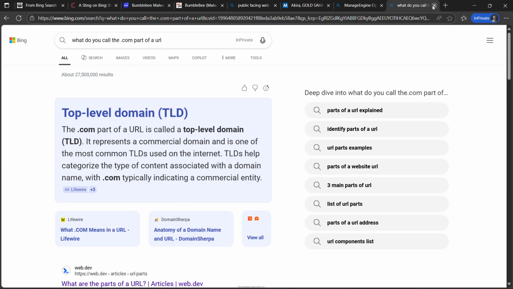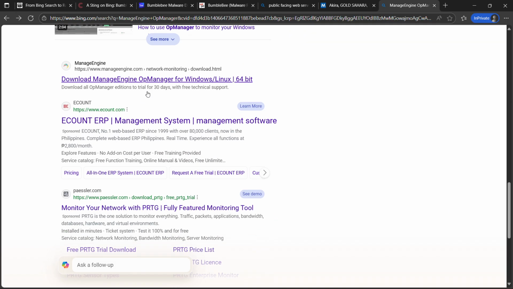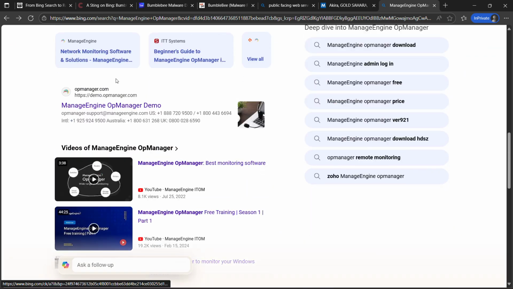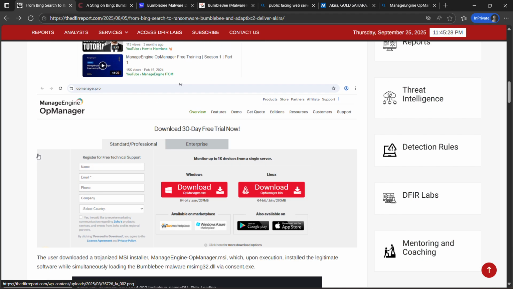Top level domain, yeah. Because of the top level domain. But with the SEO poisoning, once again, someone will get tricked 100%.